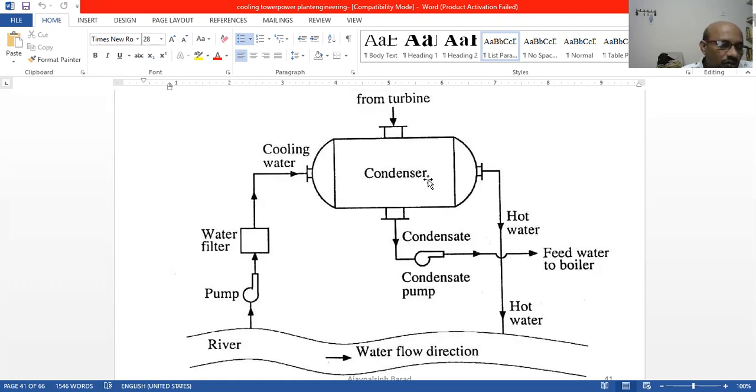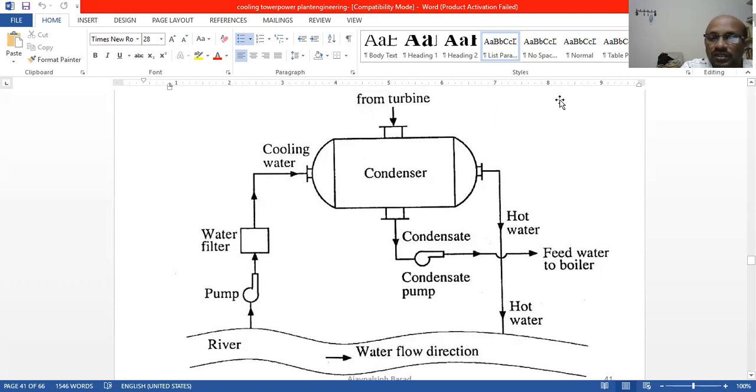From that river, the feed pump extracts water and sends it to the water filter, where impurities like metals, sand, and dust particles are removed. Then we send that cooling water to the condenser. This is the schematic diagram.